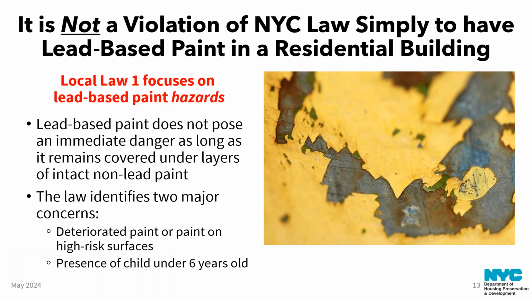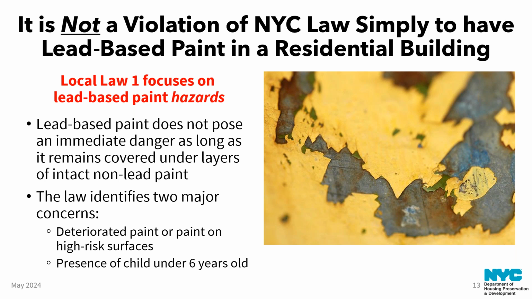Another key concept for understanding Local Law 1 is that although we do have to presume that there is lead-based paint in a wide variety of buildings just based on the age and the other factors I just described, that doesn't mean that those buildings are automatically in violation. It is not a violation of New York City law simply because lead-based paint is in a residential building.